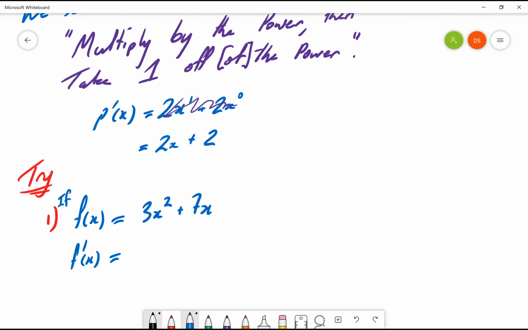So you guys can do this and type this into the chat, that'd be awesome. 2.